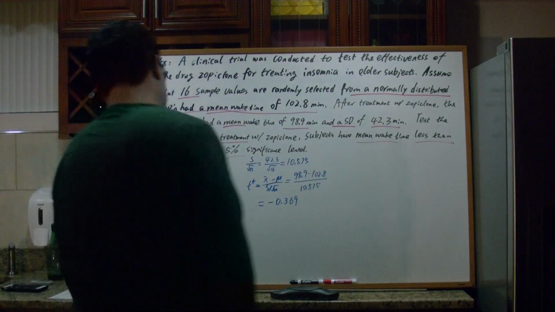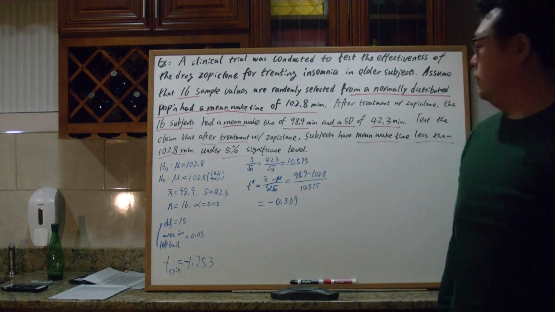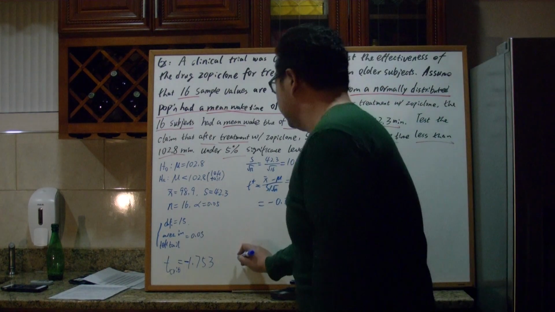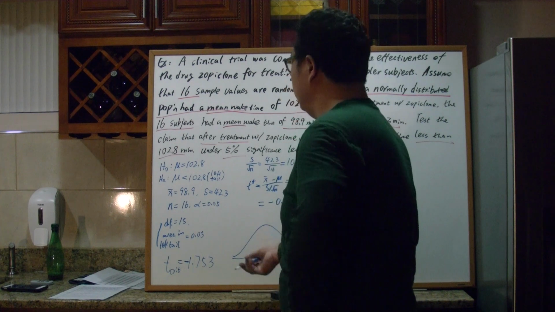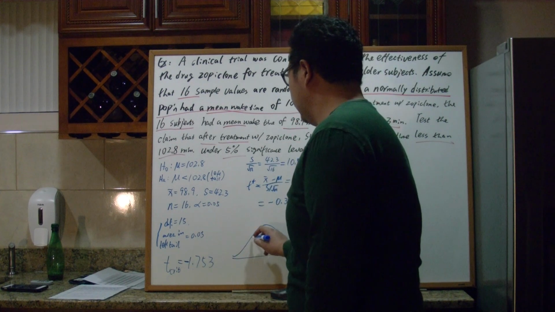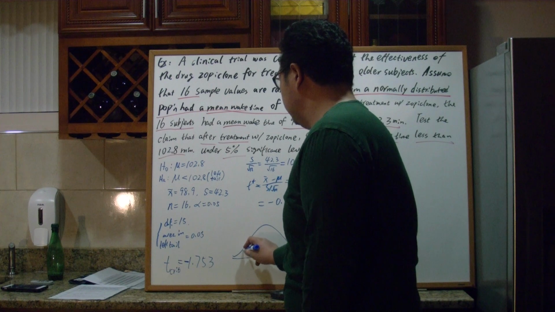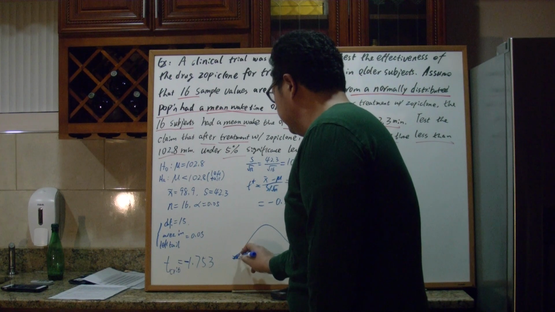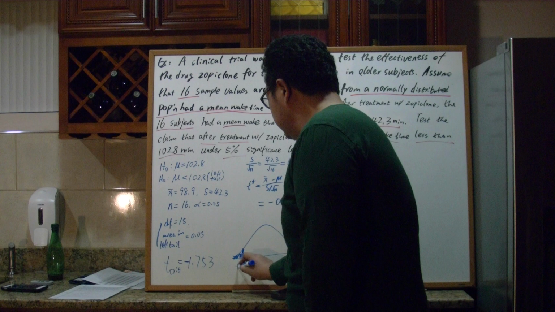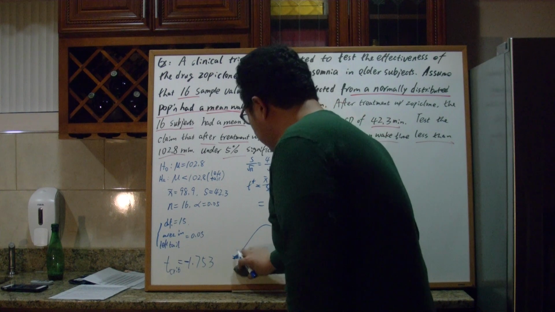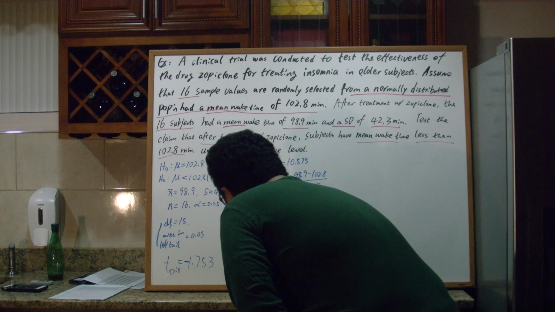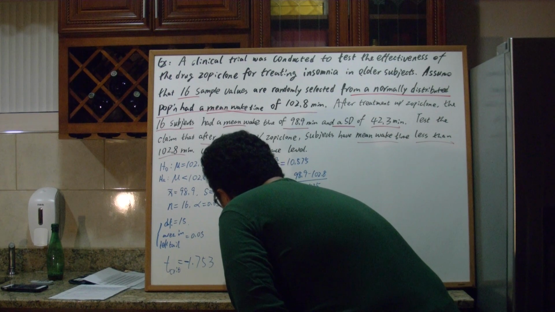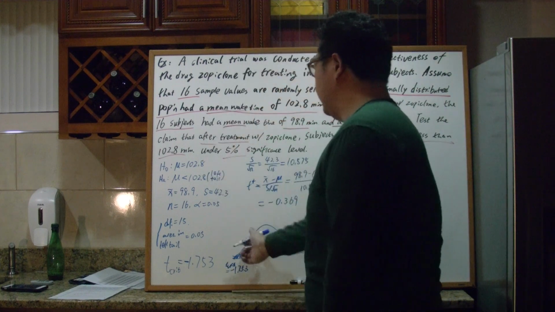When we compare, we draw the left tail test. On the density curve of the t-distribution with 15 degrees of freedom, we get negative 1.753 as the critical t-value, which bounds the rejection region.